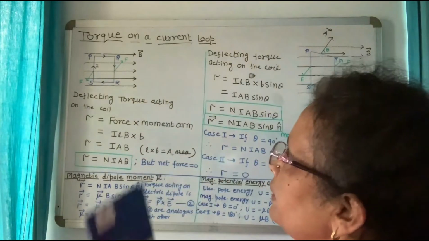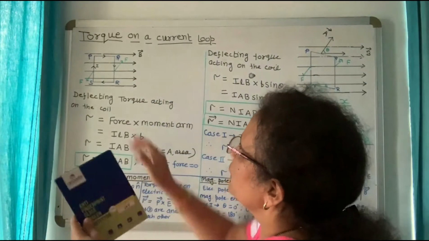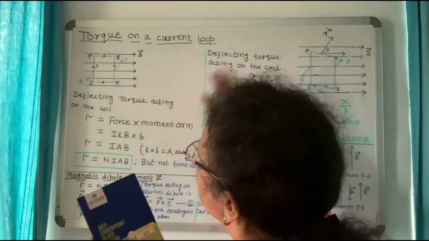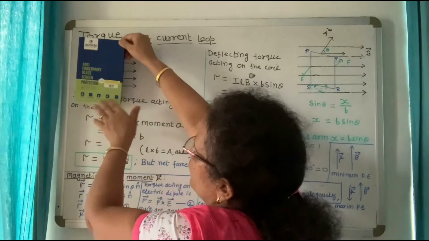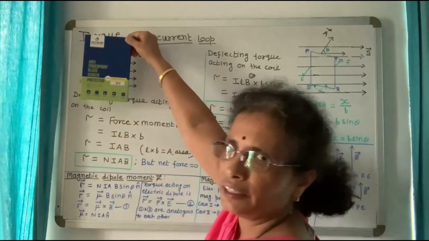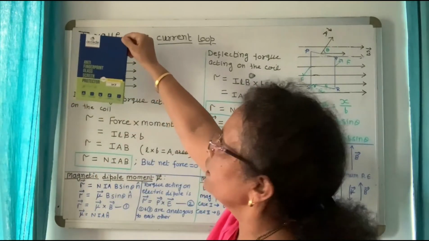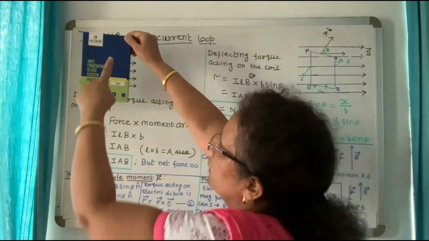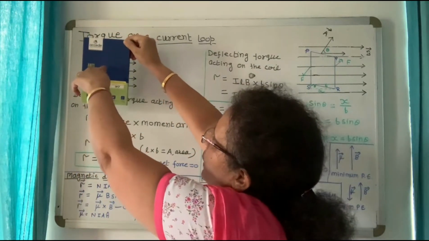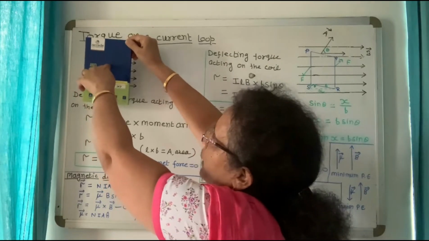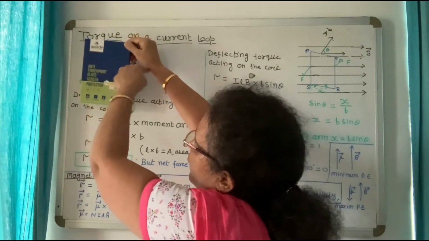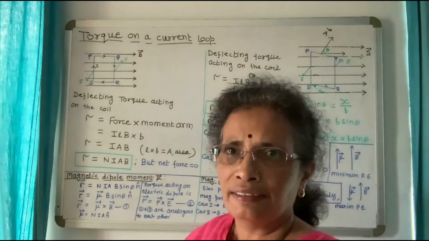Now let me explain this in detail. If this is the magnetic field parallel to the board, then this is the coil, and you can say the plane of the coil is parallel with the magnetic field. I can explain this in another way also. The perpendicular of the plane of the coil, or the normal of the plane of the coil, is perpendicular to the magnetic field. Is it right?